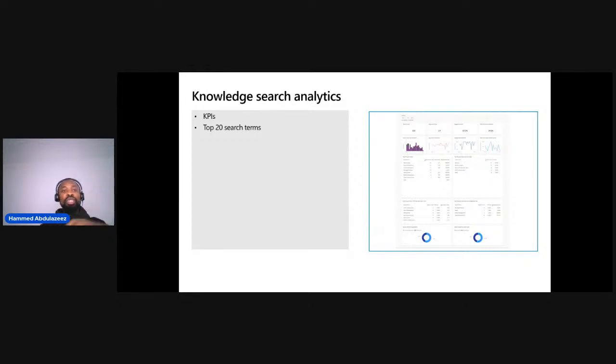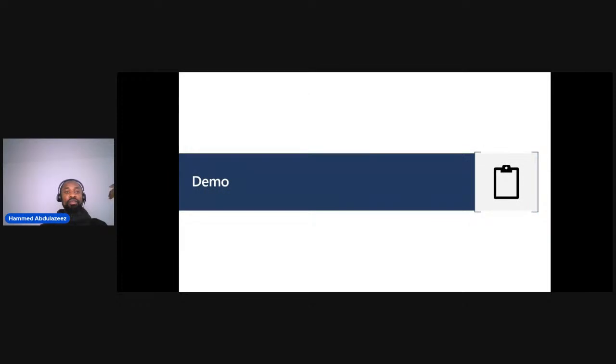This also provides you with the social analytics of the key knowledge articles, right? And how your agents are able to use this for performance. So now let's quickly go through the demo on the customer service insights and how we can leverage it to get this information, right?